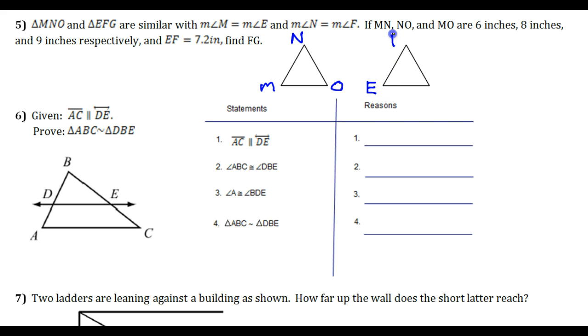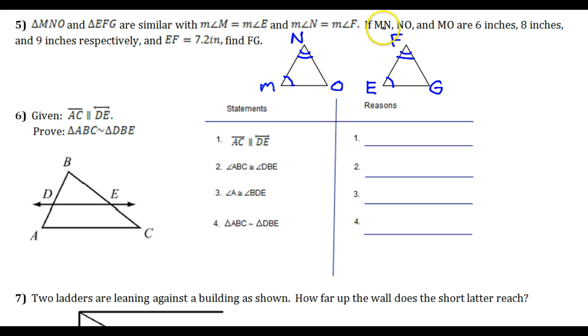So MNO and EFG are similar, with angle M congruent to angle E. Okay, so that's all lined up. N is congruent to F, just like you would want. Okay, what else? MN, NO, and MO are 6, 8, and 9.